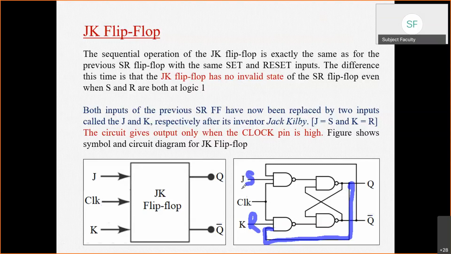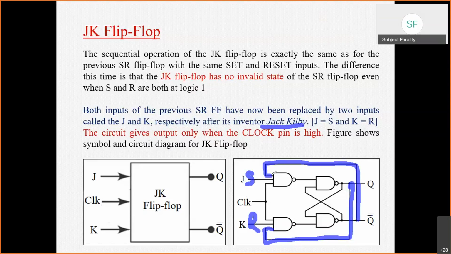Because J and K come from its inventor, Jack Kilby. His name was Jack Kilby, so that's why he gave his initials. So SR is now replaced by J and K, and the only change is these two connections.